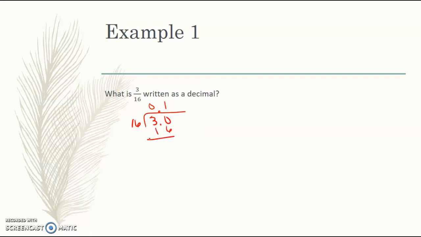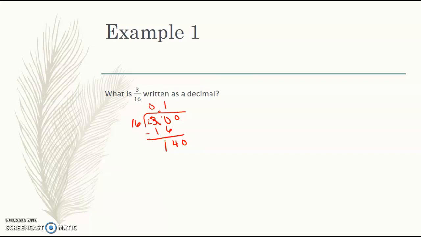And we will then subtract 16. When I subtract that 16, I borrow from the 3, and it becomes 2. And now I have 10 minus 6, which is 4, and 2 minus 1, which is 1. So I have 14. 16 doesn't go into 14, so I put another 0. I add a 0. So now I'm asking myself, well, how many times does 16 go into 140? And I can try a couple times.